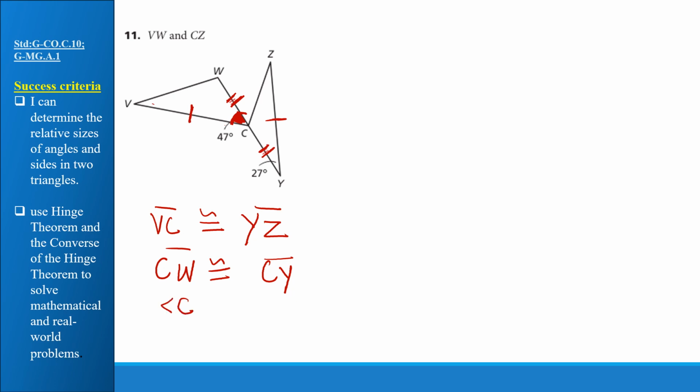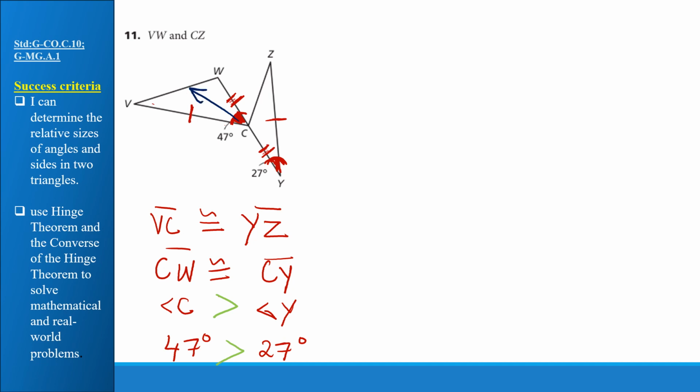And where is the other included angle? It is 27. That is angle Y. Now angle C is 47 degrees and angle Y is 27 degrees. So which one is bigger? Angle C is bigger than angle Y. Then what is the opposite side of 47?